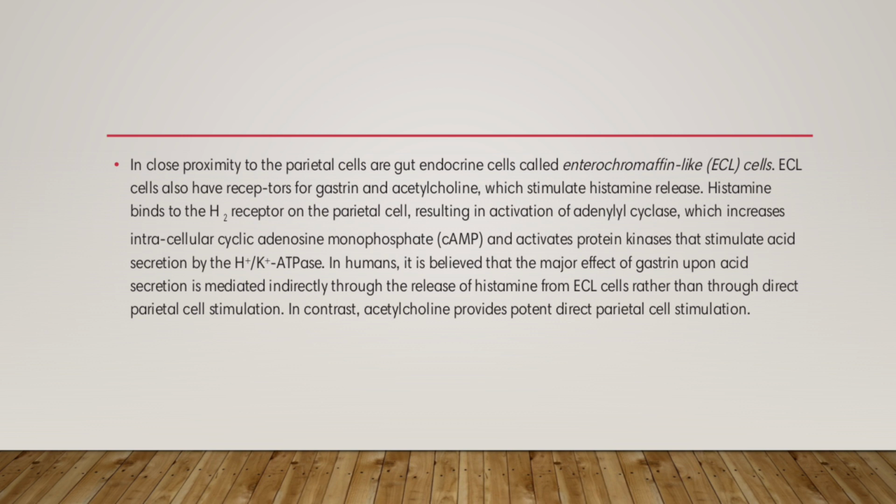In humans, it is believed that the major effect of gastrin upon acid secretion is mediated indirectly through the release of histamine from the ECL cells rather than through direct parietal cell stimulation. In contrast, acetylcholine provides potent direct parietal cell stimulation.